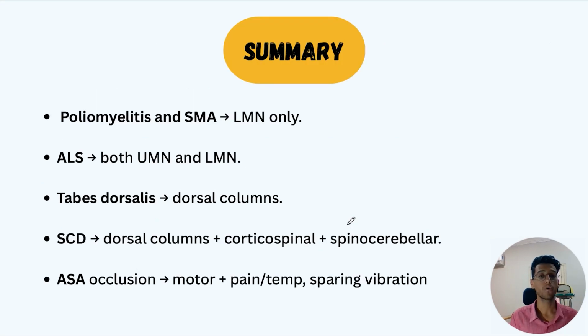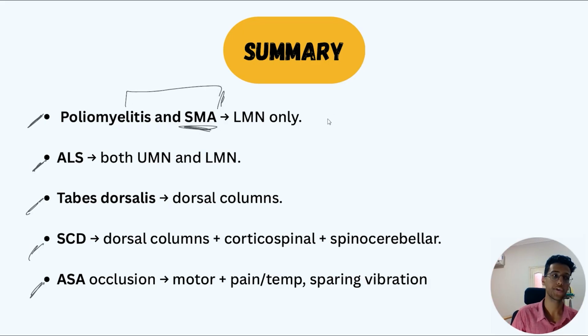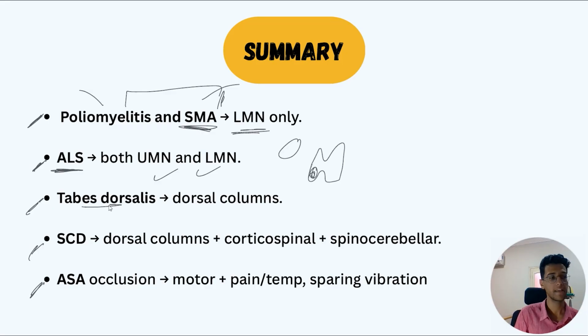Okay. So the summary for all of this, we mentioned 6 conditions for spinal cord syndromes. Poliomyelitis and spinal muscular atrophy affect the anterior horn cell. One is asymmetric and this is symmetric, but the symptoms will be lower motor neuron signs only. Amyotrophic lateral sclerosis is upper and lower motor because it affects the corticospinal tract and the anterior horn cell as well. Tabes dorsalis affects the dorsal column only, so the patient will have a positive Romberg sign and Argyll Robertson pupil.